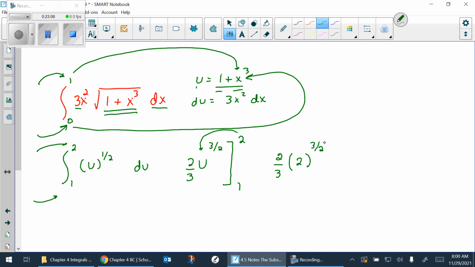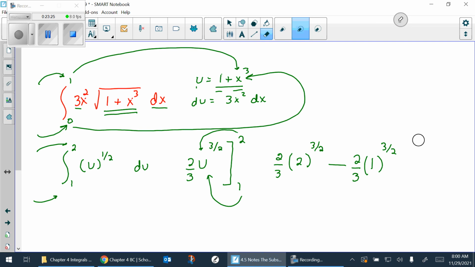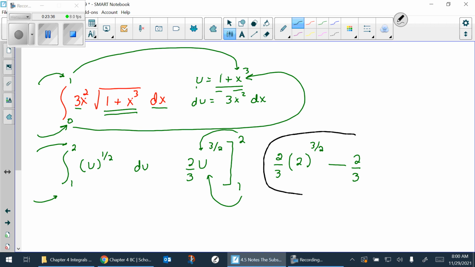I have no idea what that is. Minus 1 in here, 2/3 times 1 to the 3/2. Now, what is 1 to the 3/2? It's just 1. And 2/3 times 1 is just 2/3. And this is what I would end up with as my final answer.